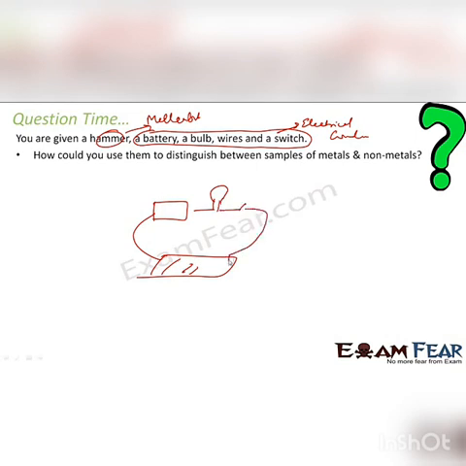So with this I can check whether this particular metal or this particular sample will conduct or not. So if it glows, that means it's a metal, right? Because metals are good conductors of electricity. So with these 2 properties, malleability and electrical conductivity, I can tell whether the sample is metal or not. Correct? Because the hammer I'll use for malleability, and battery, bulb, wire and switch I'll use for electrical conductivity. Correct?